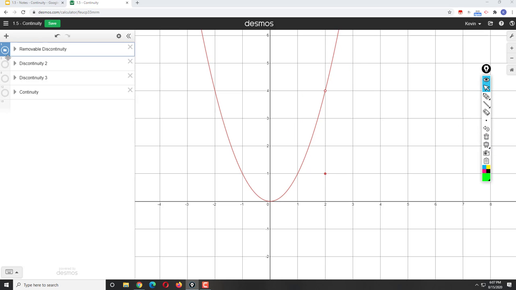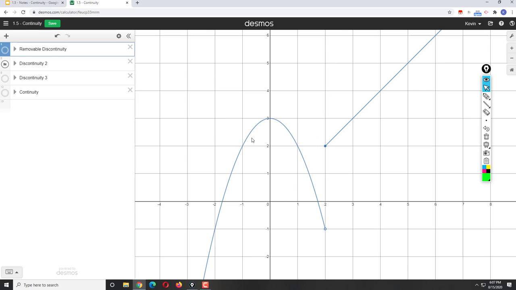Next, let's look at a different type of discontinuity. This time we have a graph. When x is less than 2, it looks like y equals negative x squared plus 3. And when x is greater than or equal to 2, it looks like y equals x.